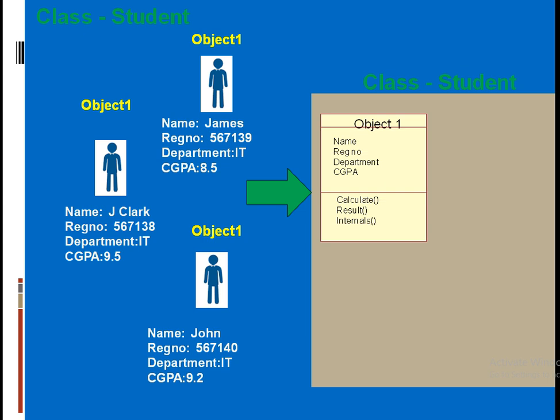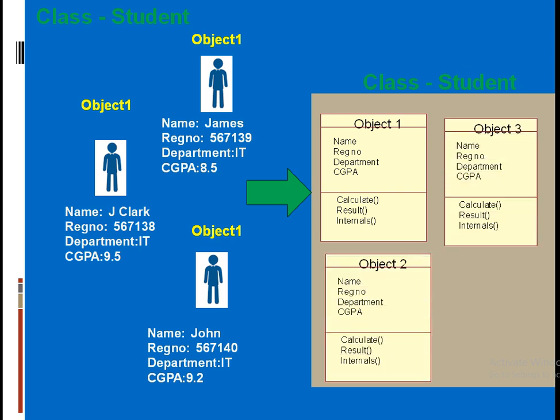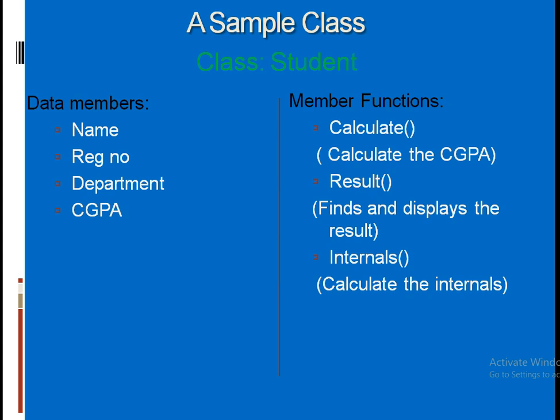So here we can create a number of objects for the class student. For each and every object it may allocate the memory individually. Here name, register number, department and CGPA are called data members, whereas calculate, result and internals are called member functions.